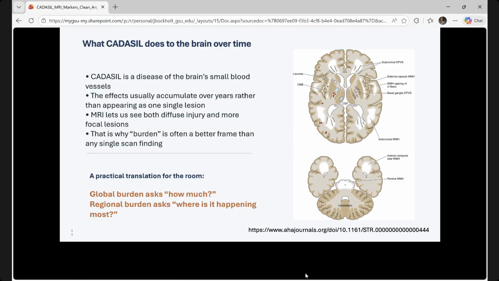You can see enlarged perivascular spaces detailed here. Sorry, you can't see my mouse, so I won't use my mouse. You can see microbleeds as well as lacunes. Again, we track this globally, as in how much of each is there, and also regionally: where is it happening the most, and over time, where is it changing the most?